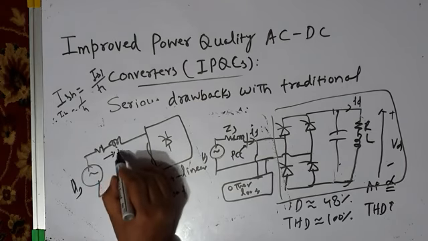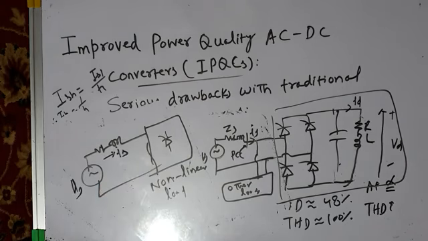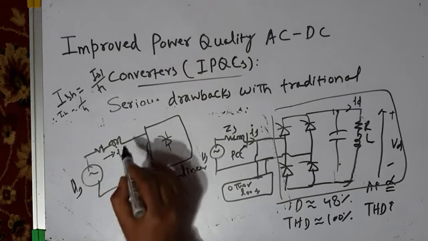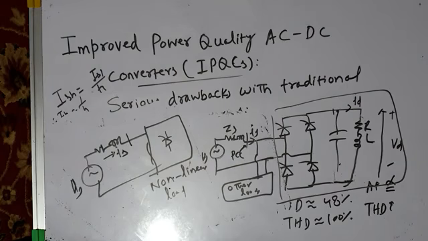And non-linear loads are known as drawing distorted currents, and hence distorting the voltages at the point of common coupling. And what are the practical examples of these nonlinear loads? Start from your homes, your inverter air conditioning system, your induction cooking system, your LED lighting system, television power supply, set-top box power supply, computer power supply, that's switch mode power supply, laptop power supply, UPS, home UPS or inverter जो हम घरों में use करते हैं.